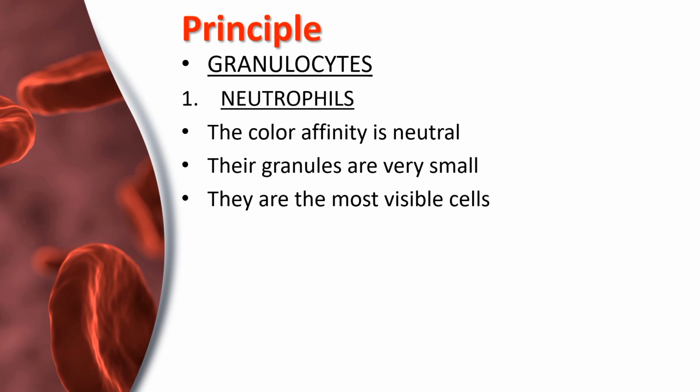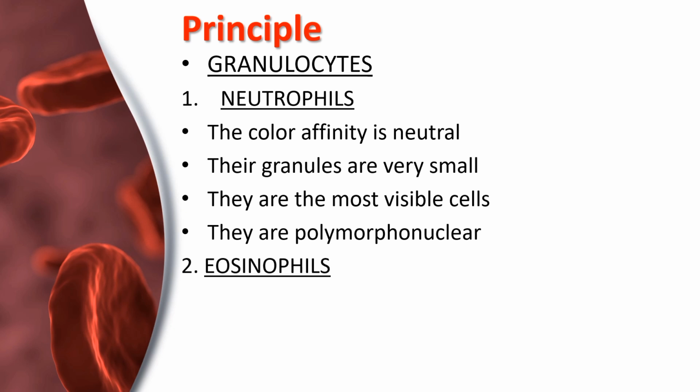These neutrophils are polymorphonuclear, that is, more than two lobes, mostly 3 or 4, are present in their nucleus, and the connection between these lobes is very thin. Second type is eosinophils.